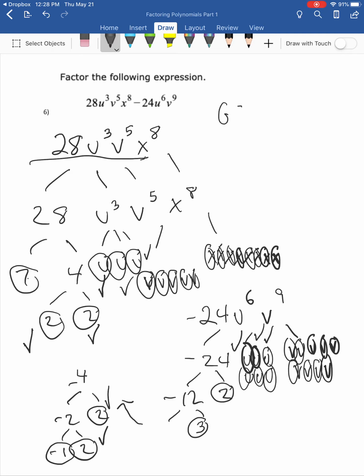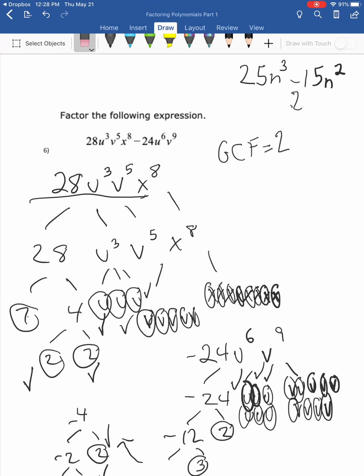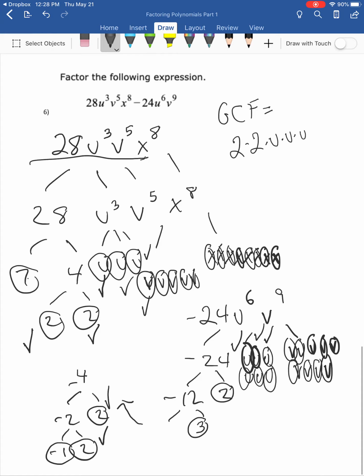So the GCF is 2 times 2. Then we said they had 3 u's in common. And then for the v's, they have 1, 2, 3, 4, 5.